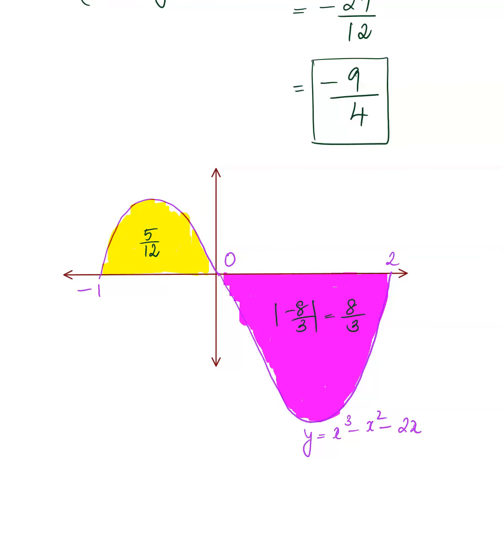Total area is always positive, doesn't matter if it's above or below the x-axis, but net signed area could be 0 or negative depending on which side was heavier. Like in this case, the pink portion was heavier than the yellow portion, and that's the reason why the net signed area collectively gave us a negative answer.